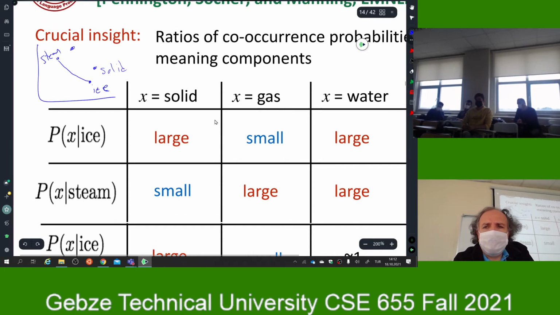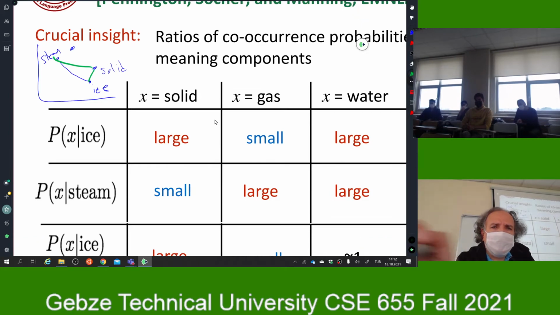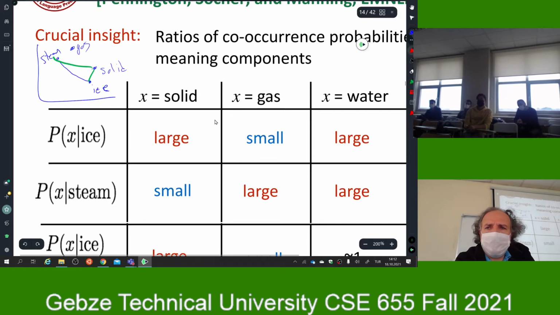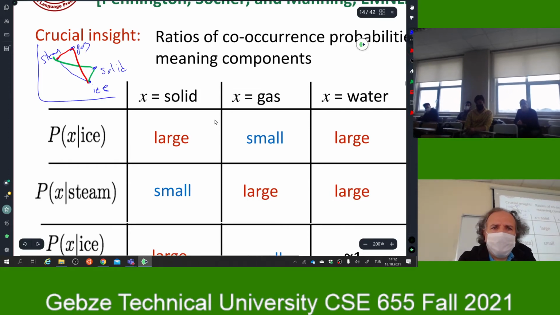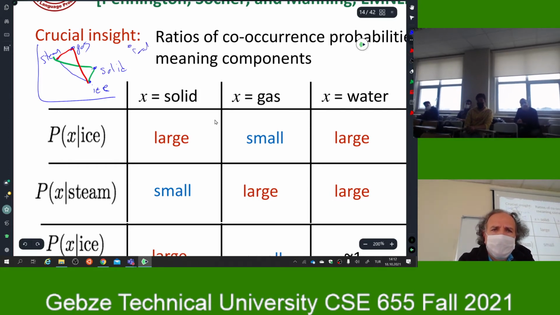So if I do this vector stuff, small and large, but for the gas it is large and small, and then I have this word random. It is way over here. For both of them it is large and large.